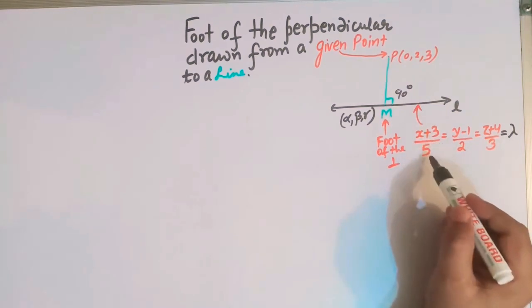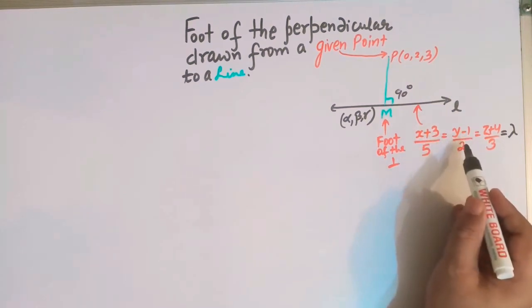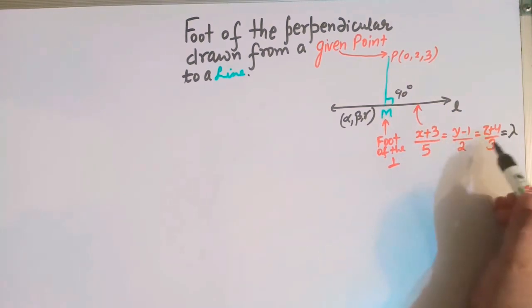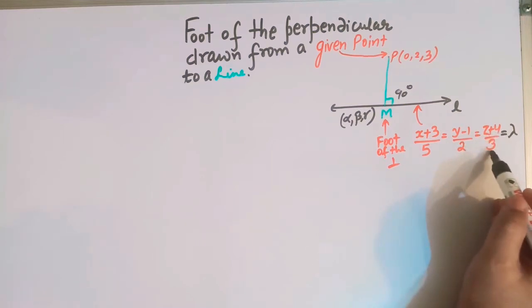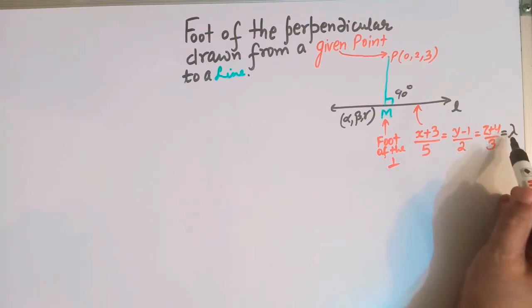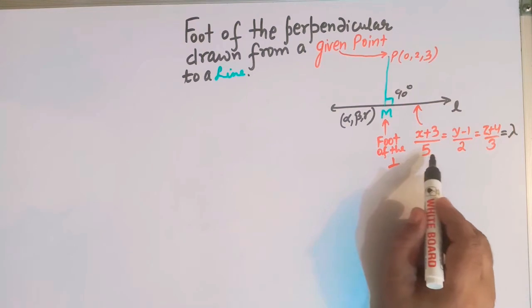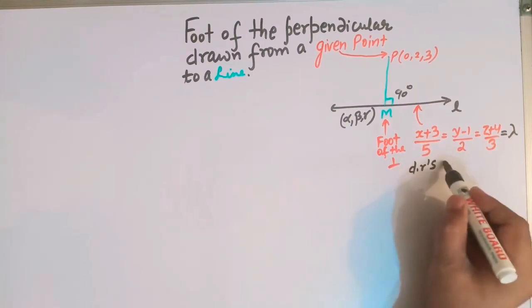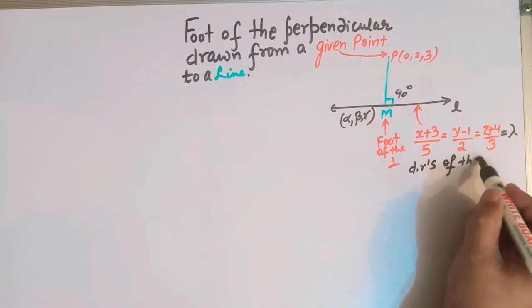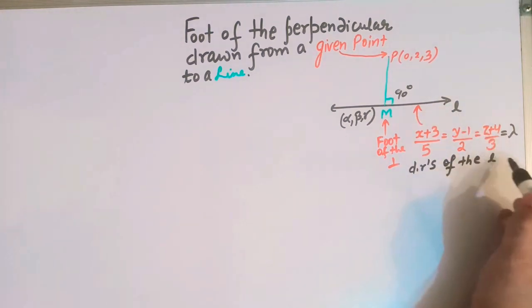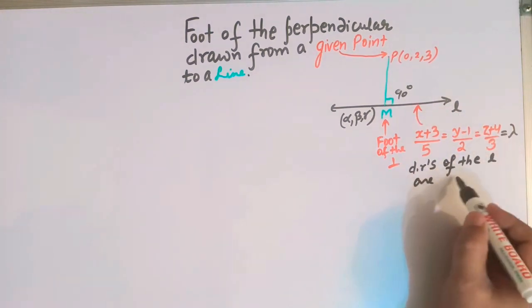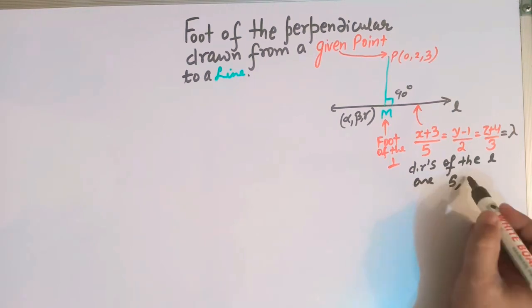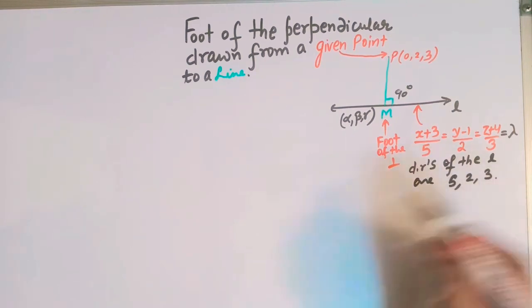So (x plus 3)/5 equal to (y minus 1)/2 equal to (z plus 4)/3 equal to lambda. And here one important thing is the direction ratios of the line L are 5, 2 and 3, right?